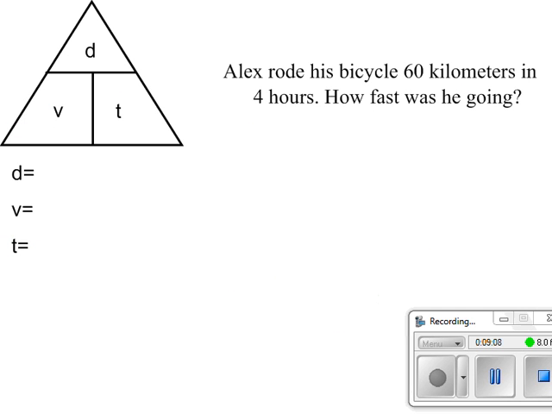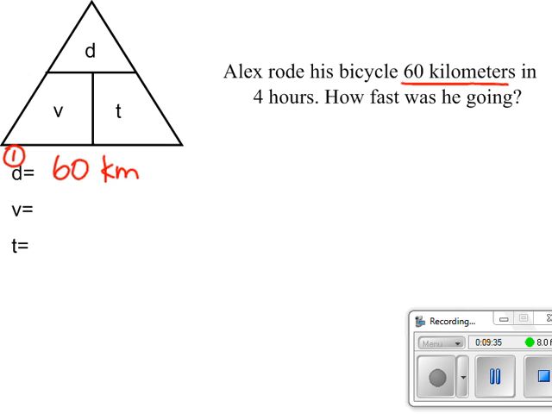Okay, let's try another one. This problem says Alex rode his bicycle 60 kilometers in 4 hours. How fast was he going? All right, so step number 1 is to find your knowns and your unknowns. So if I look at my problem, 60 kilometers. Kilometers is a distance measurement.